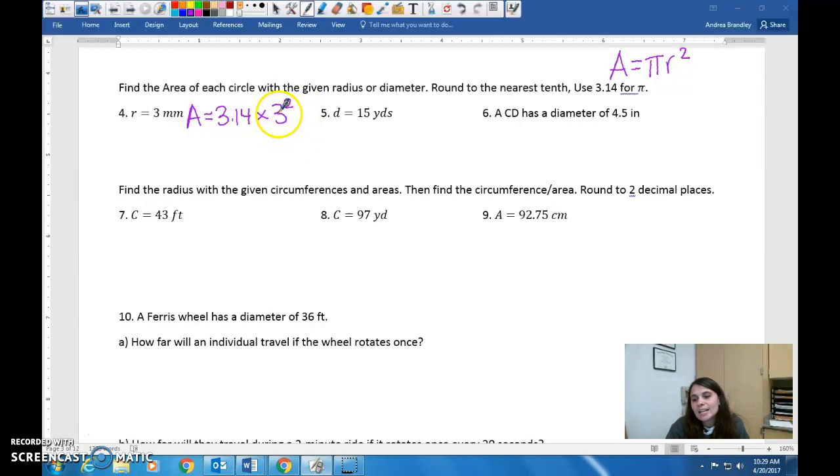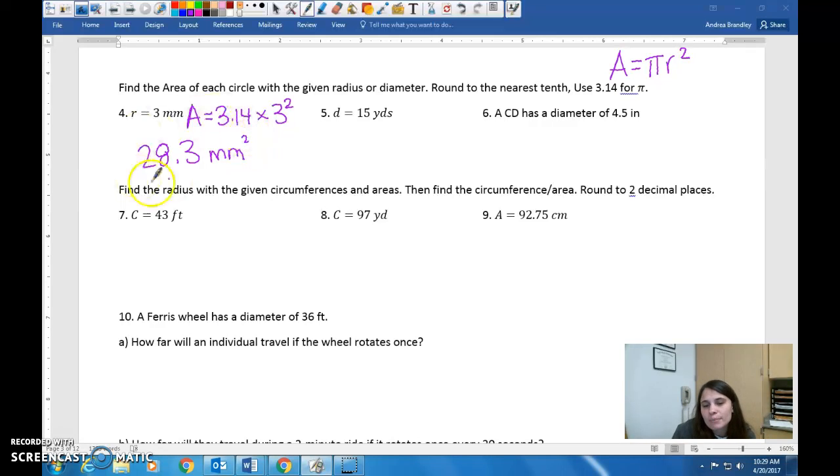Again, my calculator hint for this kind of problem is to do your exponent first, order of operations. Exponents come before multiplication. So if you do your 3 squared first, that's 9, and then multiply that by 3.14, we end up with what rounds to 28.3. And this time we're going to put millimeters squared.